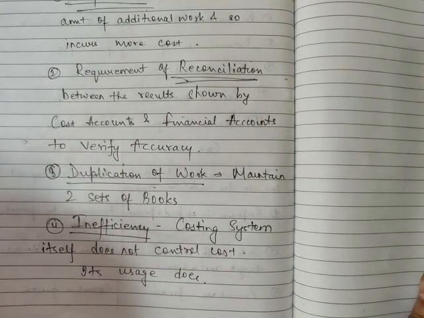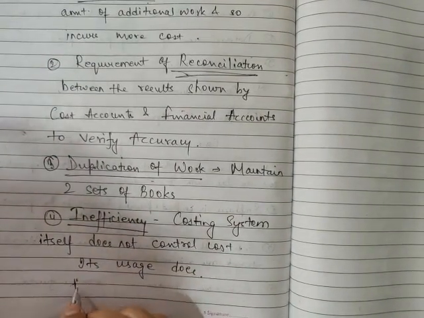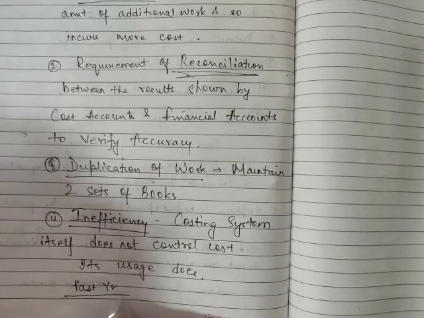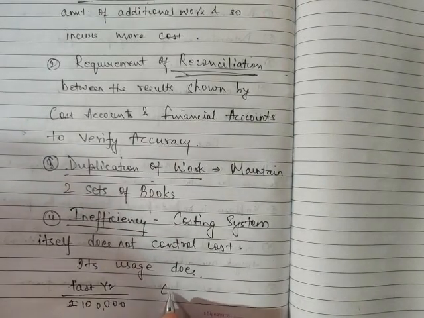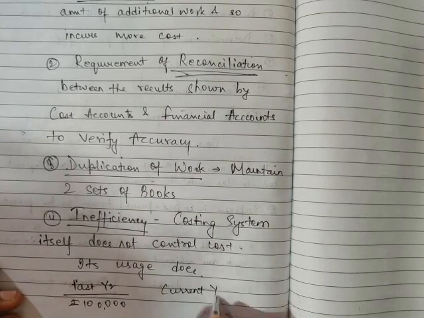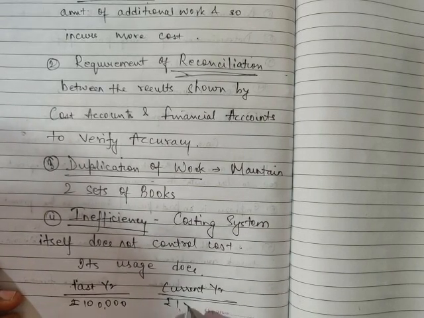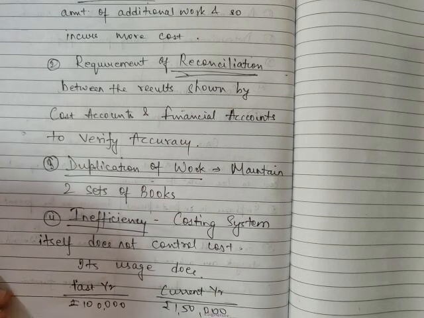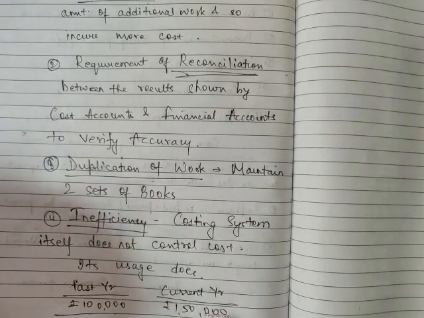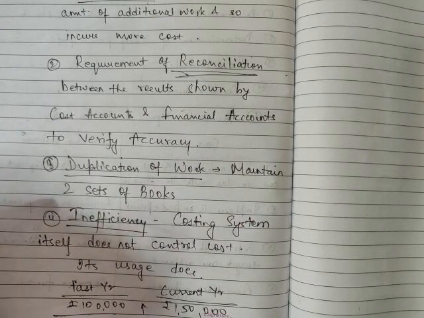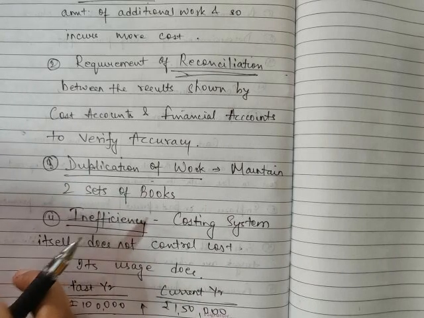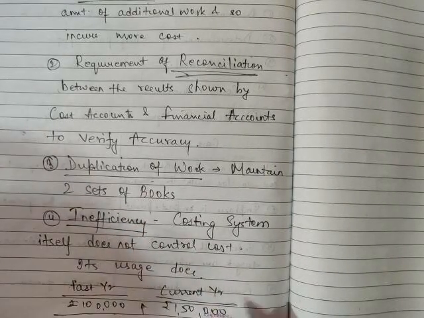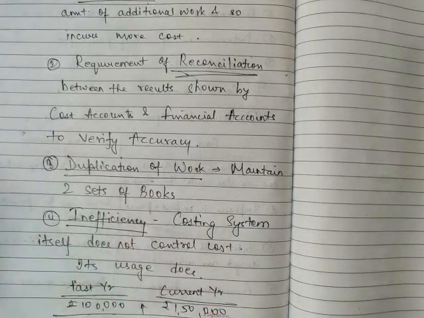The costing system will only tell you that last year the total cost was rupees 1 lakh and in the current year the cost is 1 lakh 50,000. Now the reasons for this increase in cost will have to be identified by the management and efficient systems will be put in place to reduce this cost in the future.